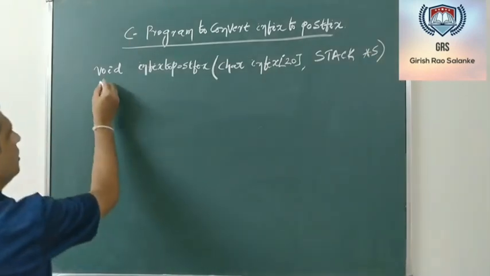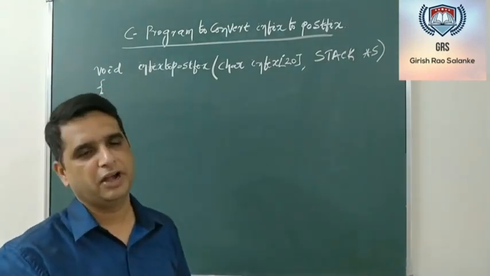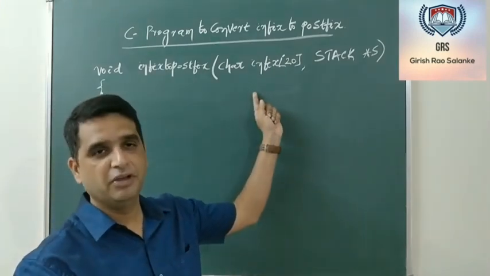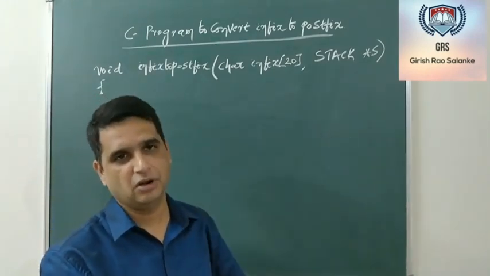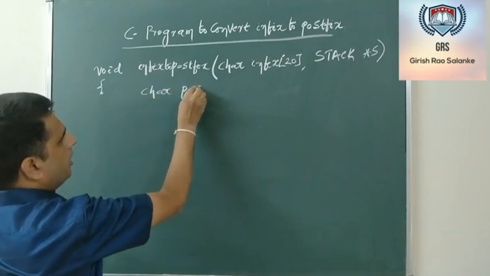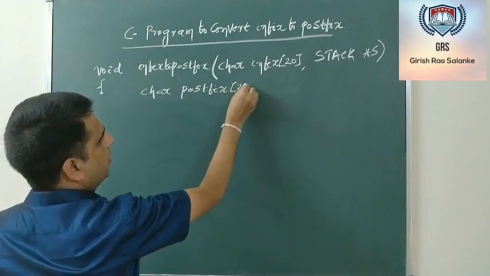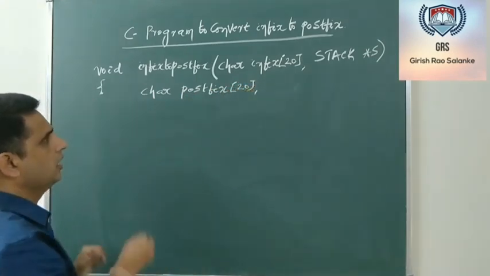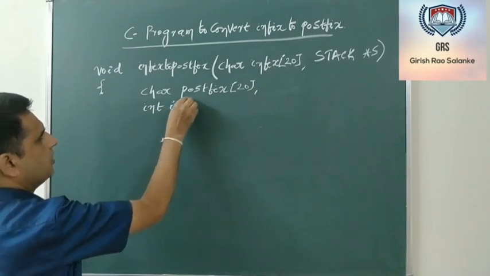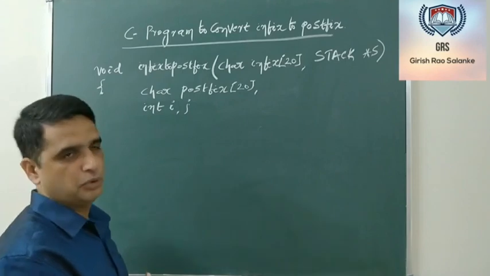Now coming to the variables to be defined within the function, we need to go through the infix expression. We need to store the postfix expression also. So first, we will declare a variable named postfix, which is a character array of size 20. We will have two more variables, i and j, to go through the string infix as well as postfix.